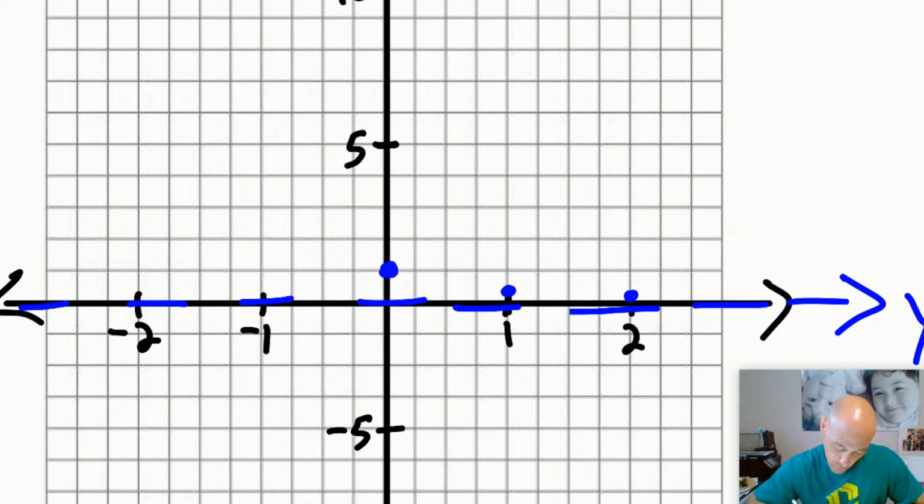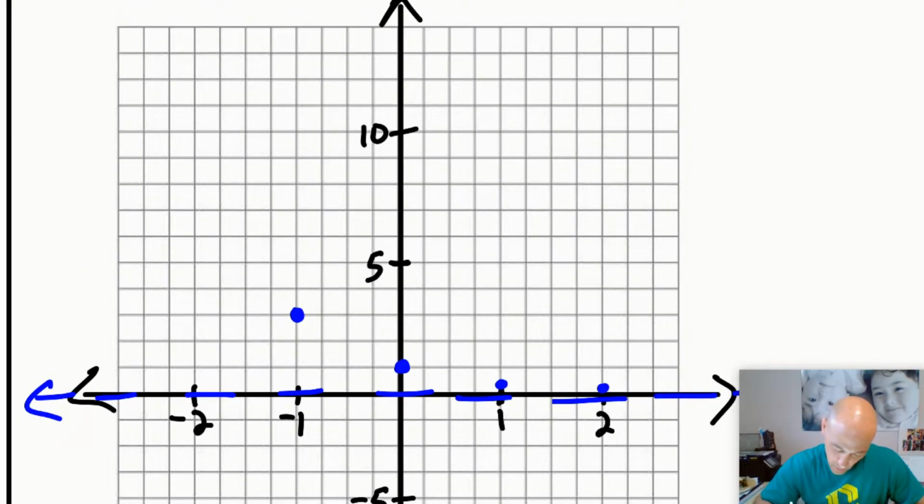And so as we move 1 unit to the left, we're going to take our y value there of 1 and multiply by 3. So we're going to have a point at -1, 3. And then we can do the same, moving 1 more unit to the left. We have a y value here of 3. So when we move 1 to the left, we're going to have a y value of 9. It's going to go right there.